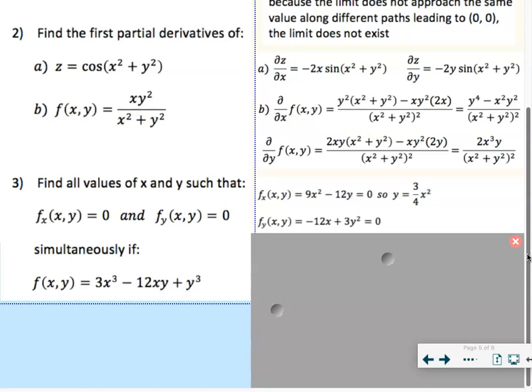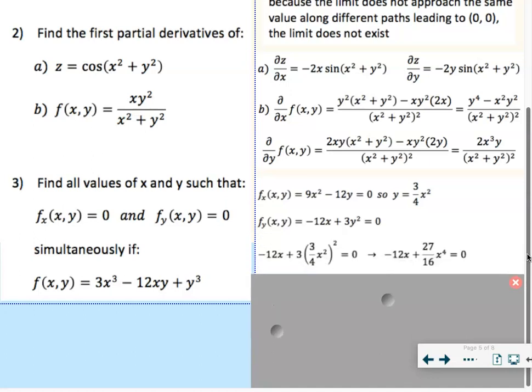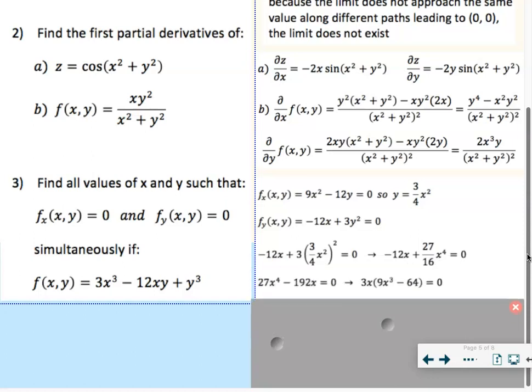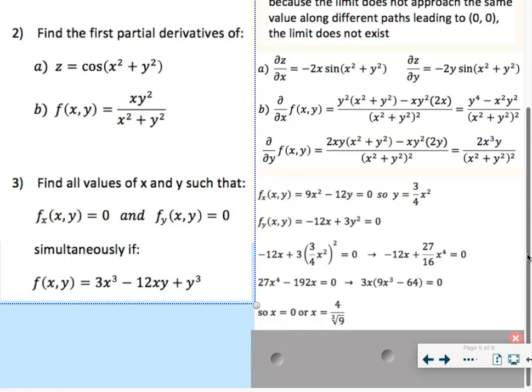And you set that equal to 0. So then how do you solve this beautiful system? It's just substitution, right? So I solved the first one for y, substituted that in for the y in the second equation, and got this lovely thing, did a little factoring, and ended up with 0 and 4 over the cube root of 9.